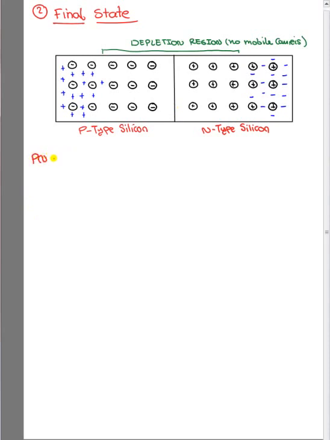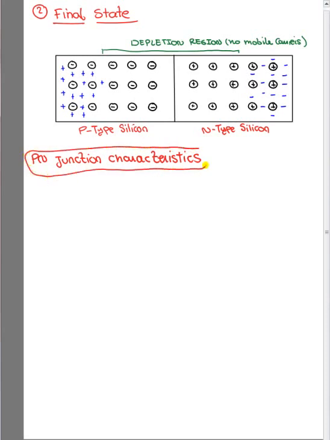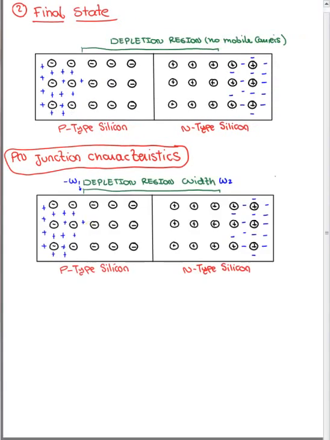So now let's talk about the PN junction characteristics. Okay, so now we redraw the same thing down here, but the only thing we added was some names to these places where we start seeing some mobile carriers again, called W1 and W2, which give you the complete width of the depletion region.